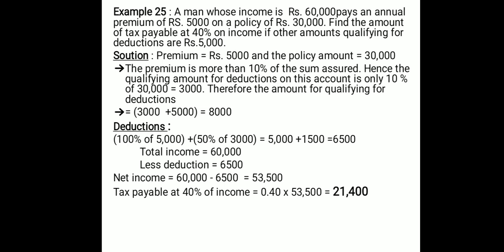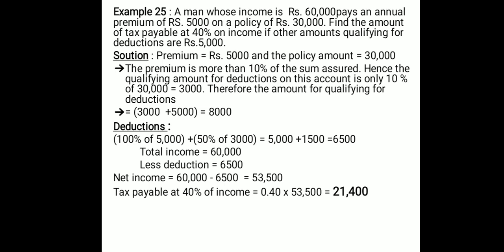So more than 3,000. Hence, the qualifying amount for deductions on this account is only 10% of 30,000, which equals 3,000. Therefore, the amount qualifying for deductions is 3,000 plus 5,000 other amounts, that is 8,000.